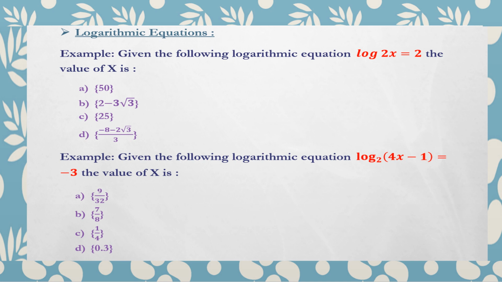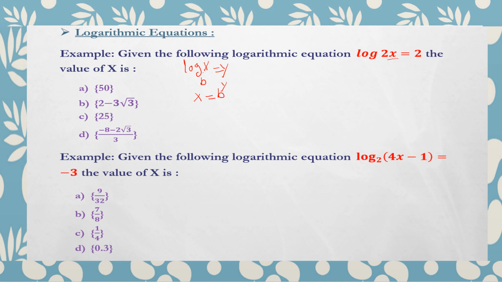Example: given the following logarithmic equation, log 2x equals 2, find the value of x. We need the value of x here. In order to solve this equation, we can recall the property of the logarithm which says that log x for the base b equals y means x equals b to the power y.